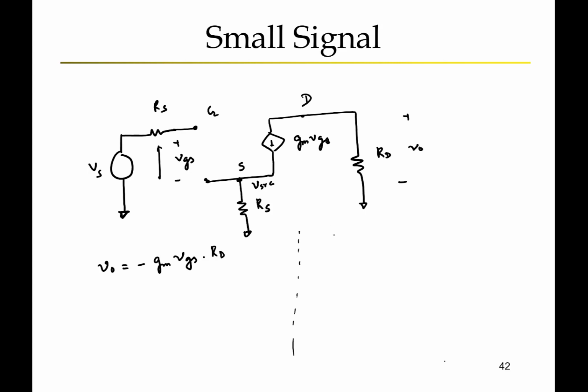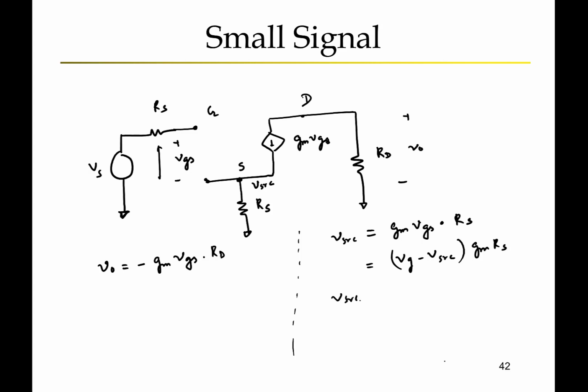So we can write the voltage at the source, VSRC, is equal to the current flowing through it multiplied by RS. Now VGS, which is the voltage between the gate and source, can be written as VG minus VSRC, times gm RS.